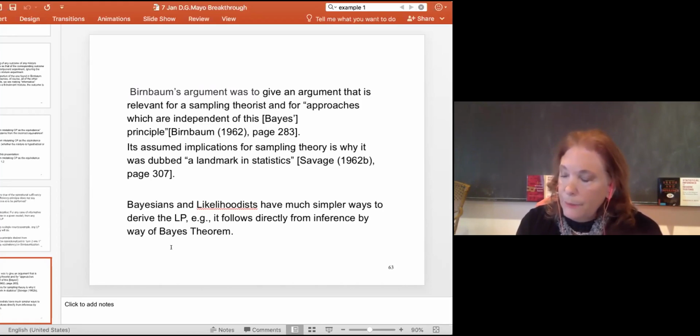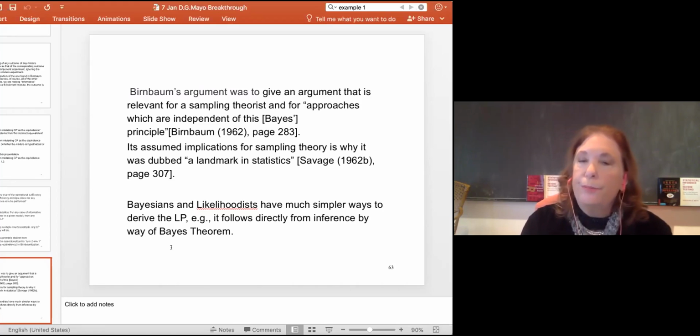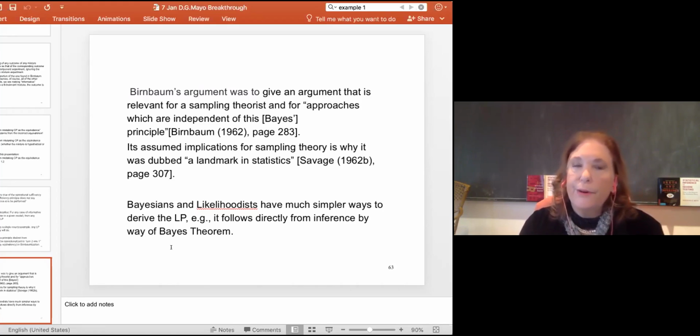But this business of Birnbaum's, which I guess is kind of unusual, is where he's doing this meta work and giving us an argument. He could have said, I just think intuitively we should accept the likelihood principle. And that's what a number of people do when they think they're defending him, whereas he actually puts it forward as a formal theorem.